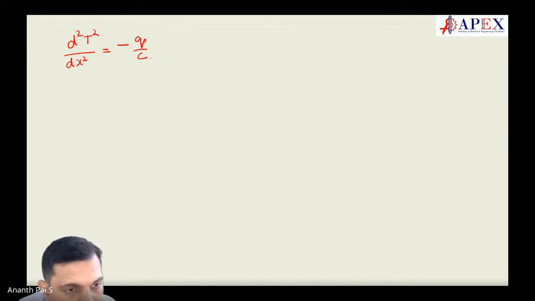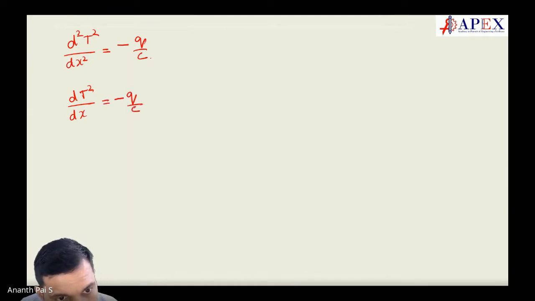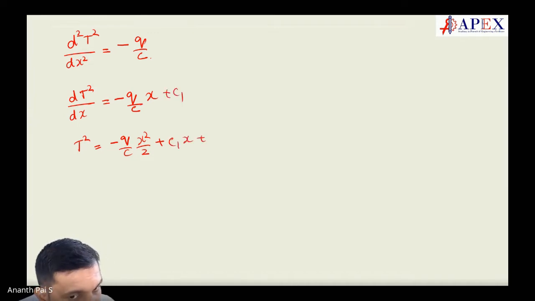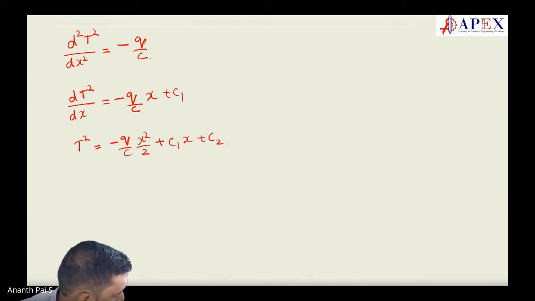Or we will write d t square by dx is equal to minus q by c into x, or t square is equal to minus q by c x square by 2 plus c1 x plus c2. Now you have to apply the boundary conditions.